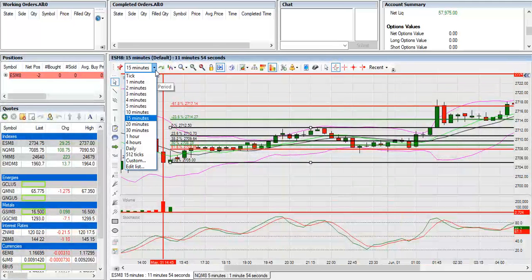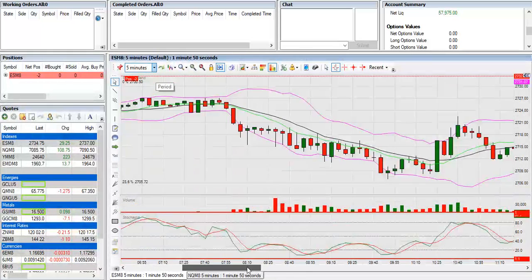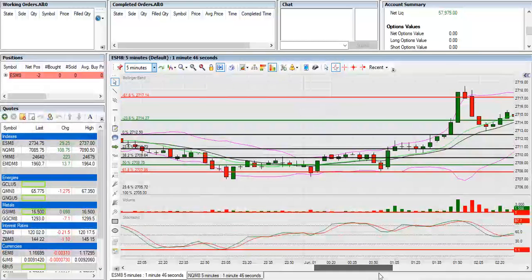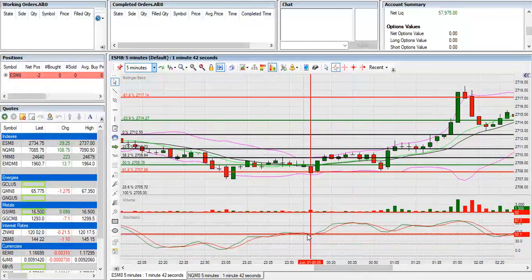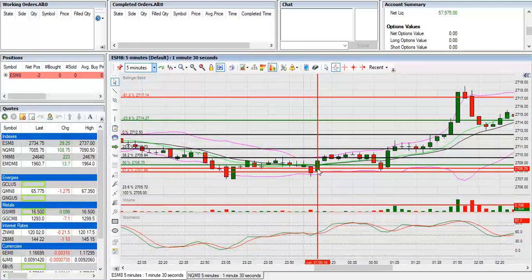I can go ahead and go to the 5-minute chart, and I can go to my 1 a.m. level off of the 5-minute chart, and I can see I've broke my 50% midline on the stochastic. So typically above 50%, I'm looking to be bullish and go long.